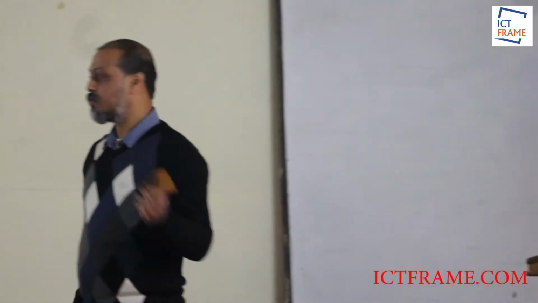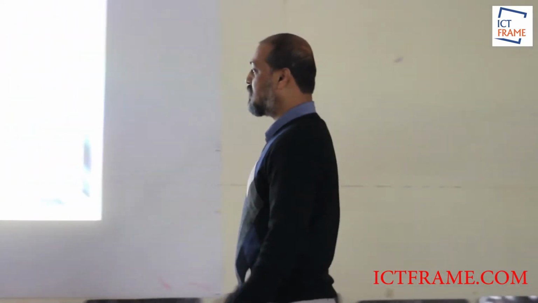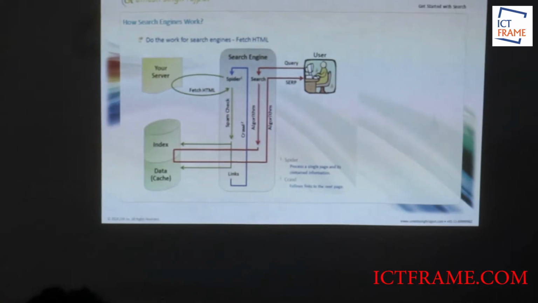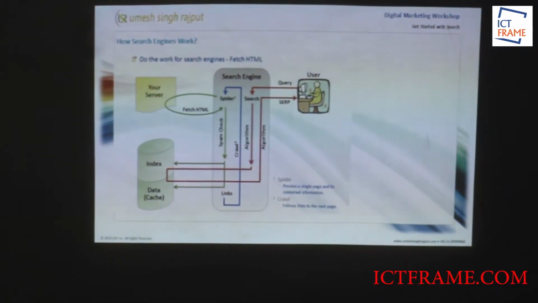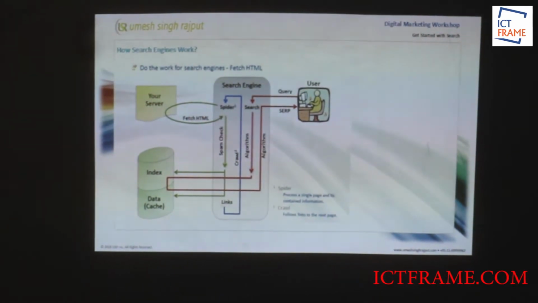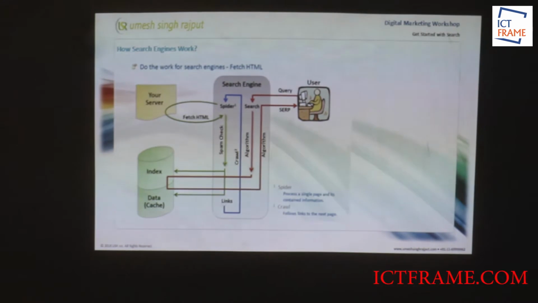Fine. Now, next, what is indexing and what is caching here? Like I have said, these are the fundamentals. They have not changed. It's been a decade that Google is in the market, but the core concept remains the same. Whatever information they crawl, they store in the form of caching.